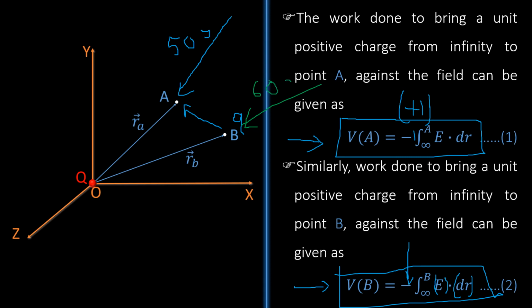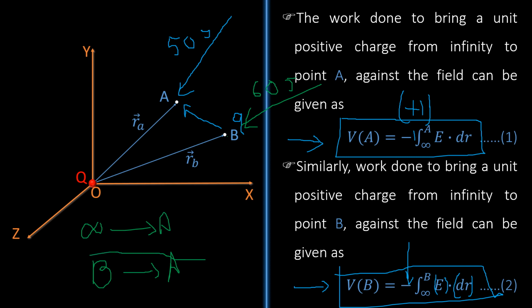Then what will happen if I go from B point to A point? Obviously the work done will be less, because from infinity when you come to A point and from B when you come to A point, infinity to A and B to A, obviously B to A work will be less than the previous one.